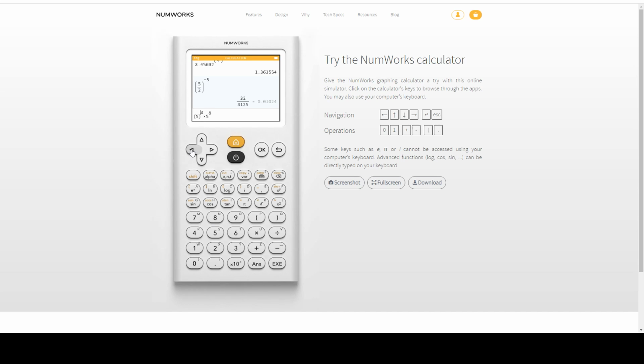So the parentheses here aren't necessary. Let me just get rid of those. But it doesn't matter if you included them or not. They would be necessary, however, if we were dealing with another type of operation like addition or subtraction. But because we're just multiplying two numbers, the parentheses aren't necessary because we know our order of operations.